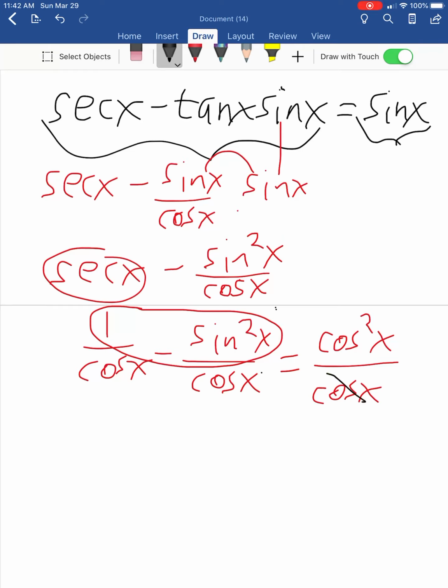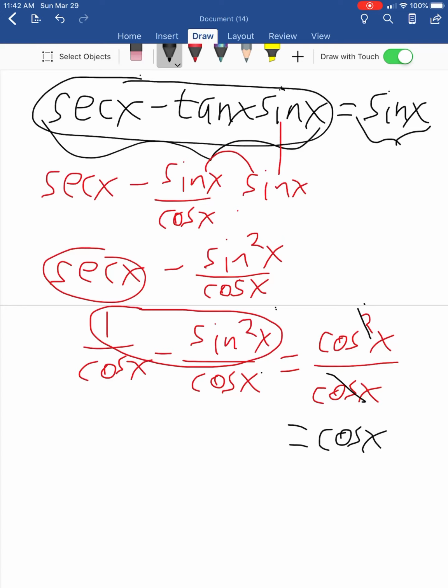And this cosine would cancel with one of those cosines, leaving cosine. So this identity is the same as cosine, not sine. So this one's false. And that's how you're going to work through your examples today. So I give you the identity and you decide if it's true or false.